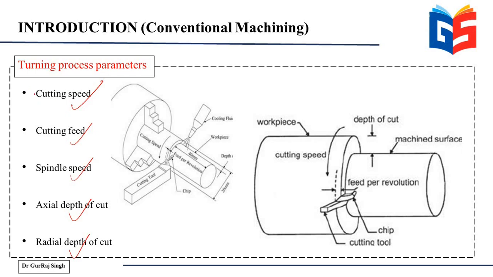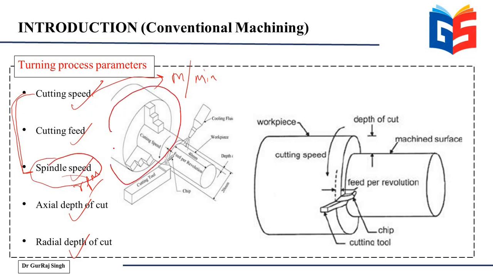Now there is a relationship between cutting speed and spindle speed. Usually the cutting speed is expressed in meters per minute and the spindle speed is expressed in revolutions per minute, RPM.